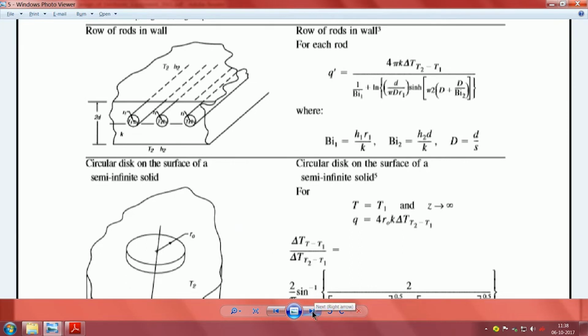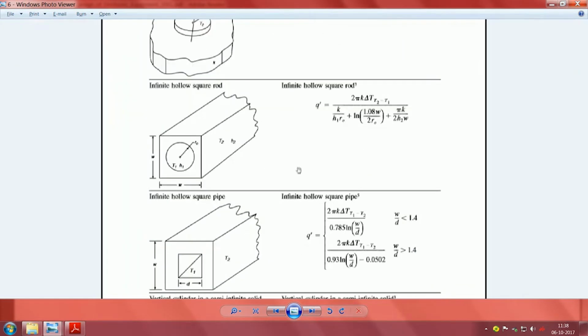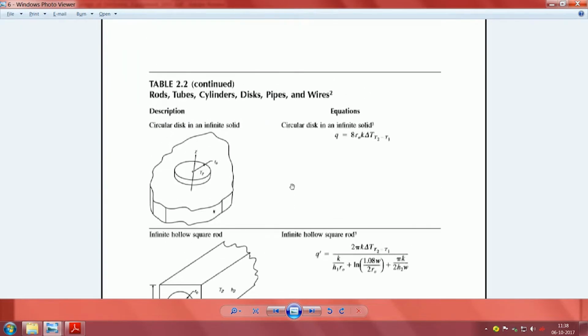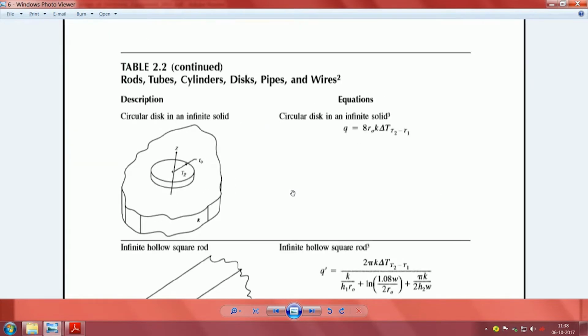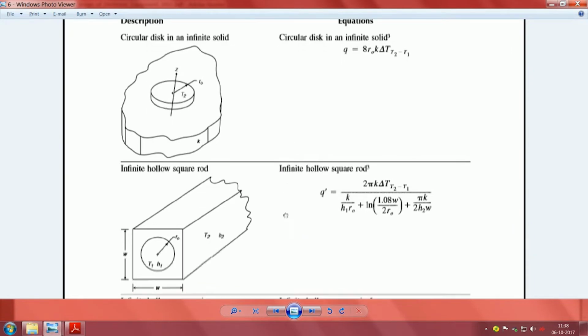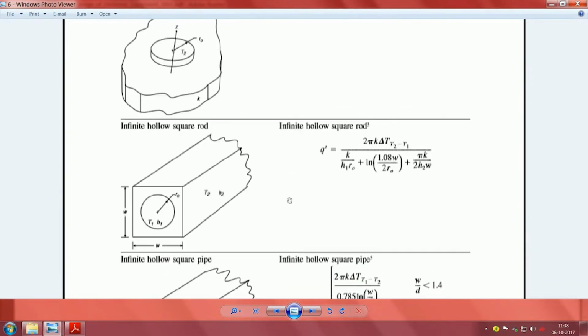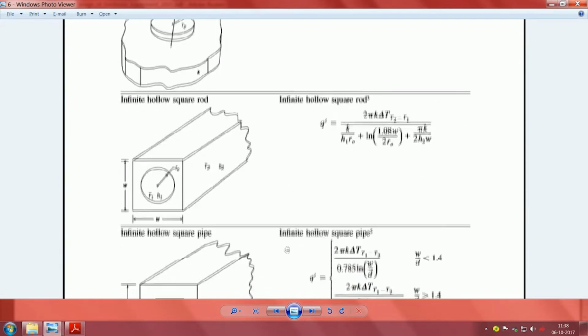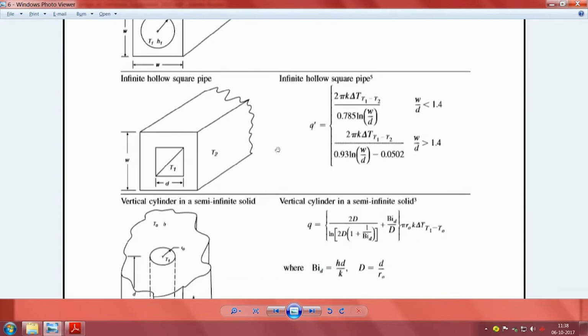So, various correlations have been worked out. So, we have infinite hollow square rod, means just to make things as if things are easy to do, hollow square pipe, vertical cylinder in a semi-infinite solid.